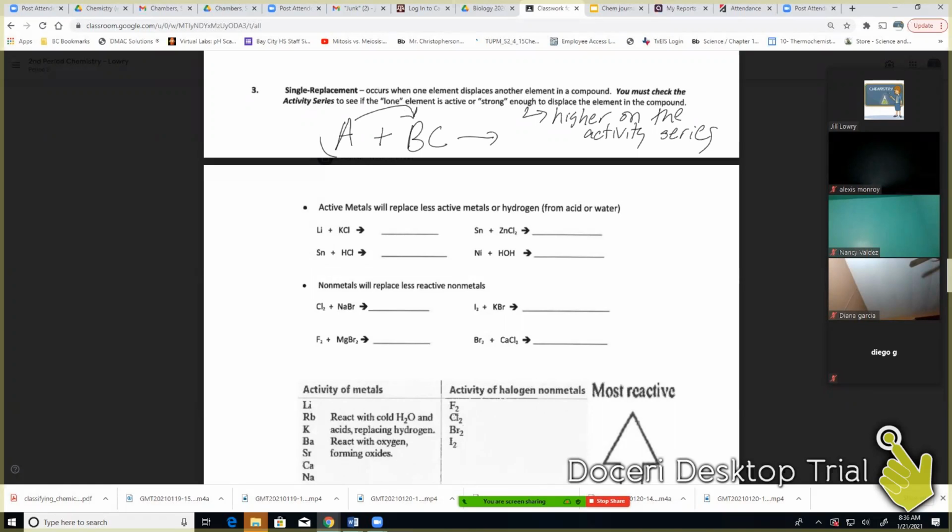And then I'll have a new compound and a different element all by itself. But you have to make sure that this lone element that's all by itself is higher on the activity series than what it's trying to kick out in the compound. If it's not, then that reaction will not occur and we'll get something called an NR, a no reaction.